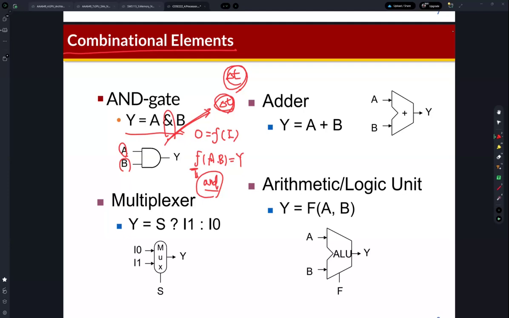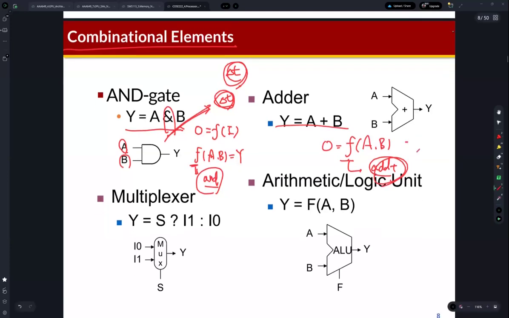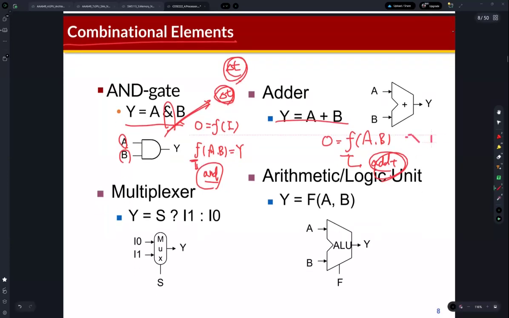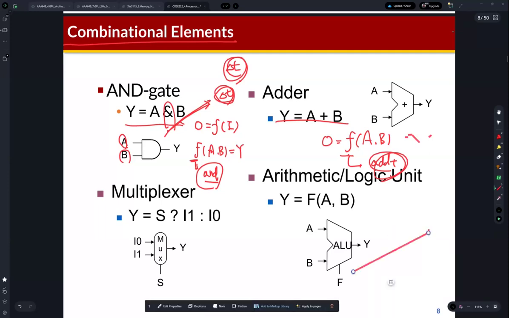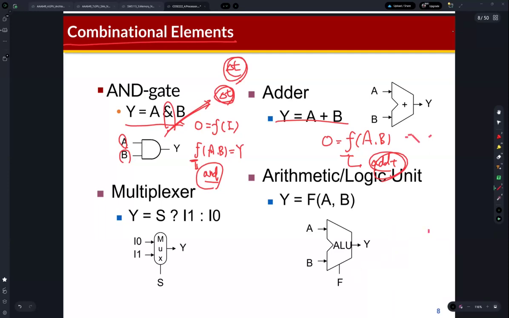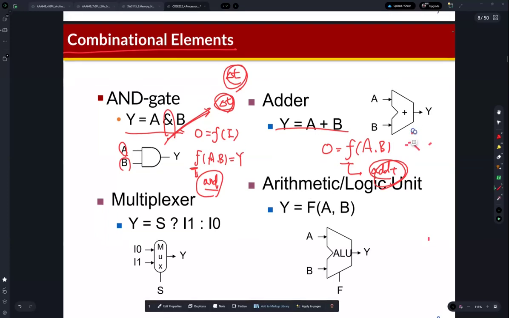It's the same here: O equals F of A comma B, where F is the addition, but after some delay.